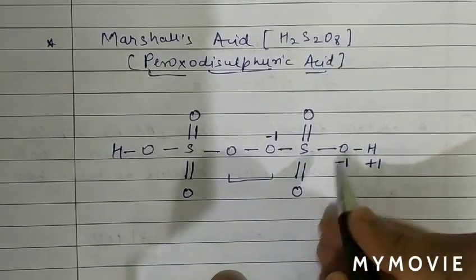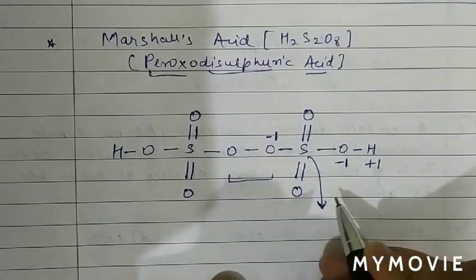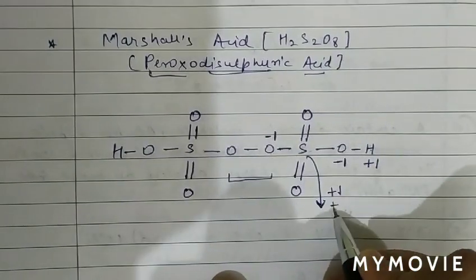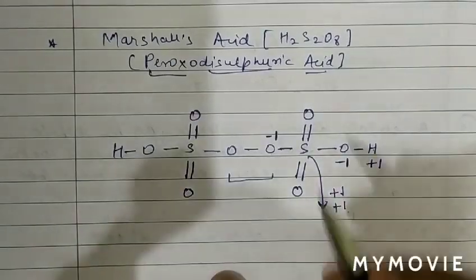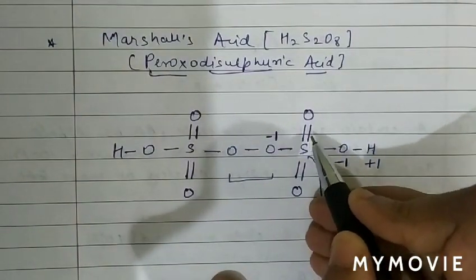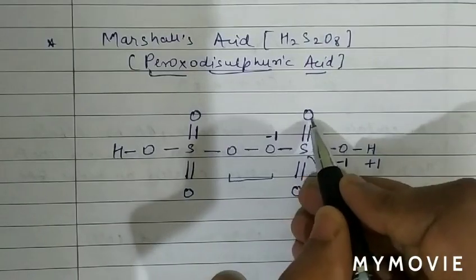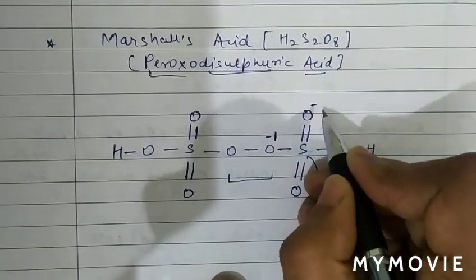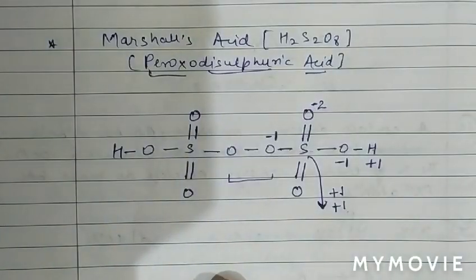So due to these covalent bonds, the charge on sulfur will be +1 from this bond, and +1 from this bond. Now see, there is also a double bond between sulfur and oxygen. So there are two covalent bonds between sulfur and oxygen. Oxygen is more electronegative, therefore -2 charge on the oxygen atom.